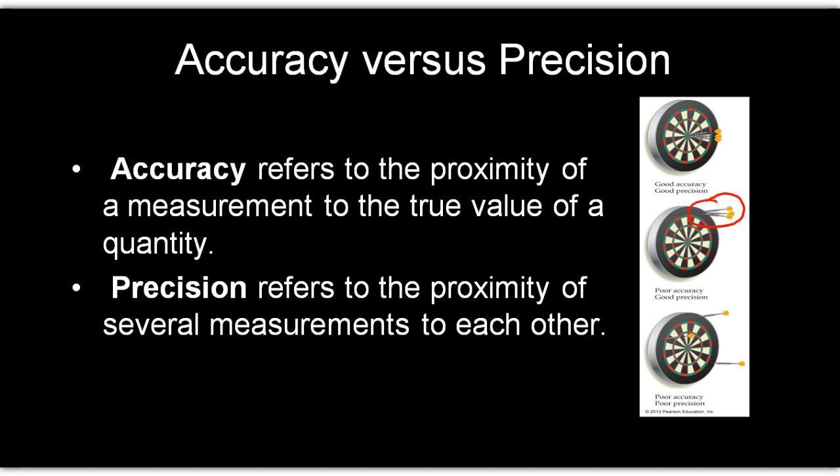If I average all these answers together here, I hit the bullseye, but none of them actually hit it themselves. So to be accurate, I guess the more shots you take, if the average hits the bullseye, that's fine, but it doesn't necessarily mean that you did a good job. Ultimately, what you want to have is good precision and accuracy.